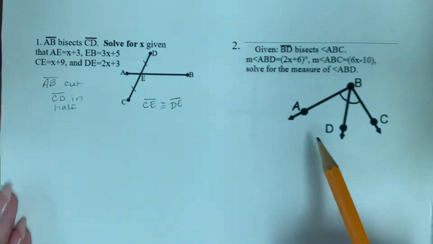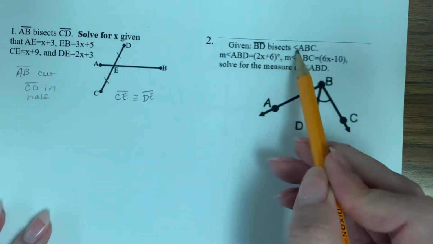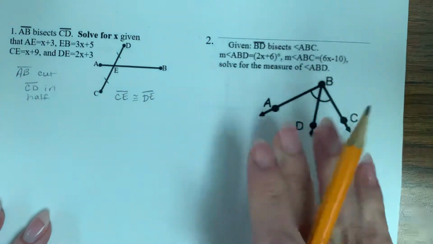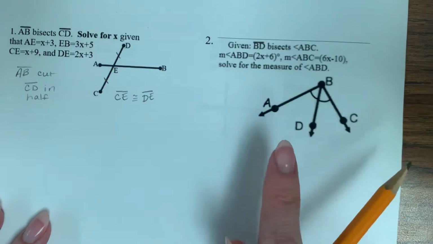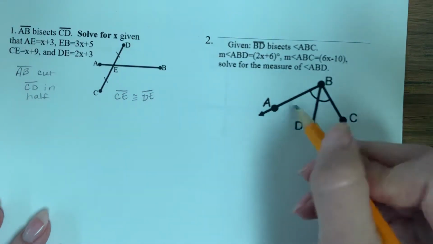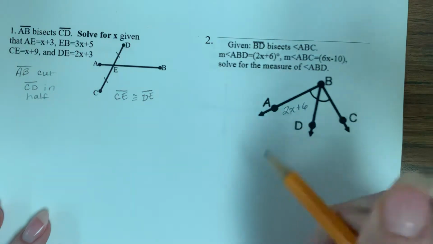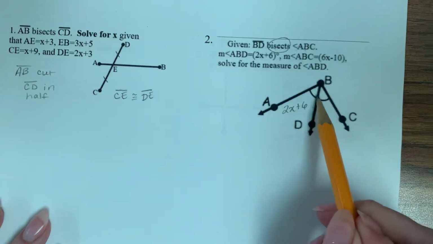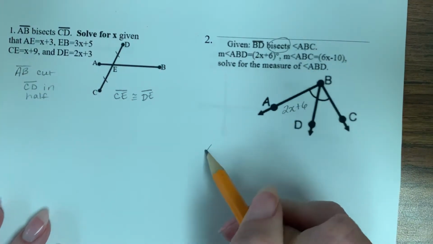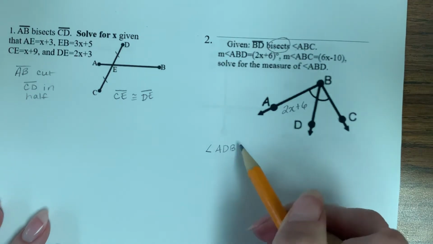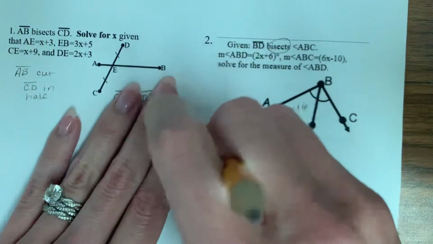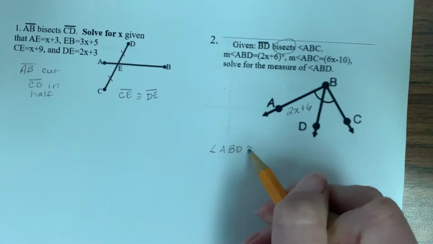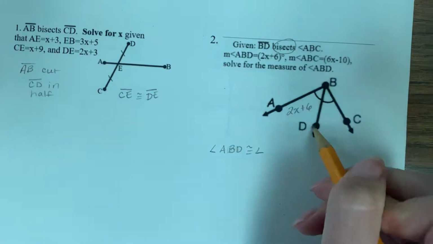And that should be enough information for you to solve for X given the equations that I gave you over there. Now in this one, I said that BD bisects angle ABC. So this is the whole angle ABC. And I would start by drawing these figures on your own paper. So if you have ABD, that's 2x plus 6. And because this specifically bisects the angle, now they already drew the little curves on there for you, but that means that angle ABD is actually congruent to angle CBD.